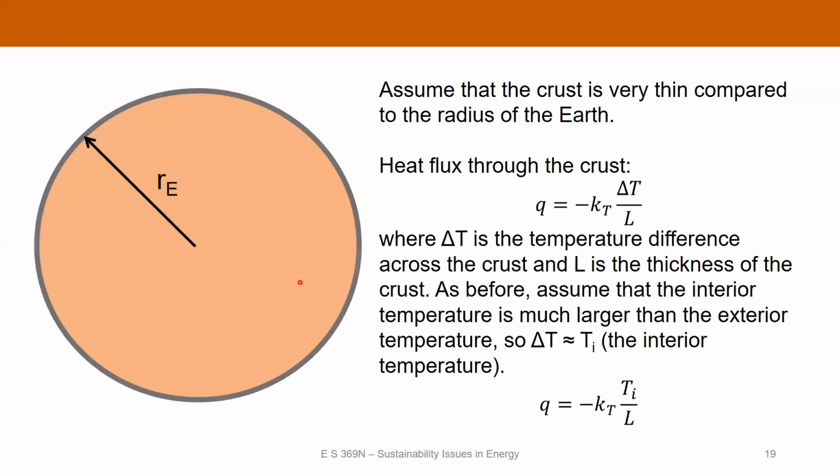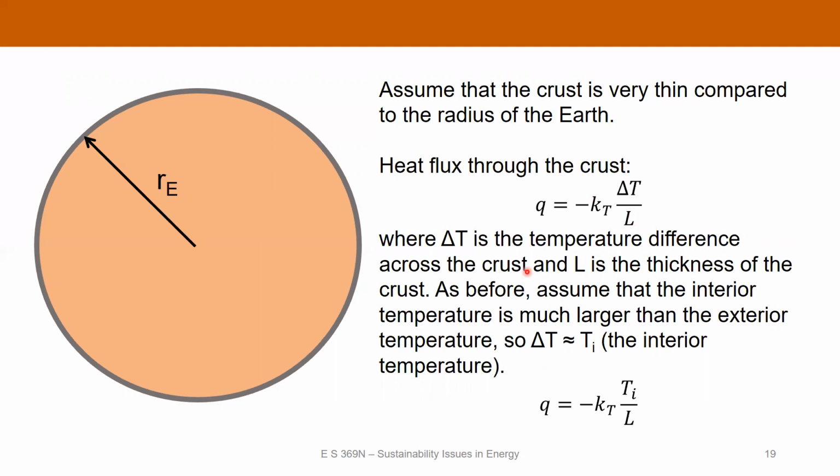So here's the math that Perry went through to prove this. We'll assume that the Earth is a sphere and that the crust is extremely thin compared to the radius of the Earth. So the heat flux through the crust is going to be equal to the thermal conductivity times the temperature difference across the crust, divided by L, the thickness of the crust, which is very small.